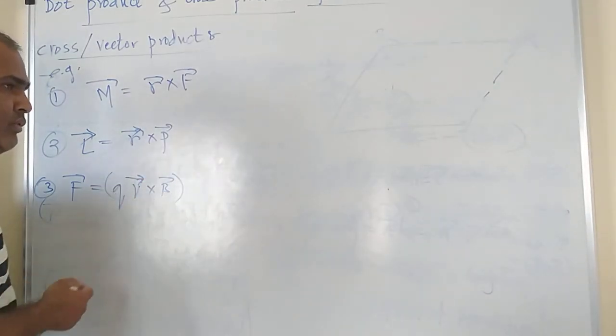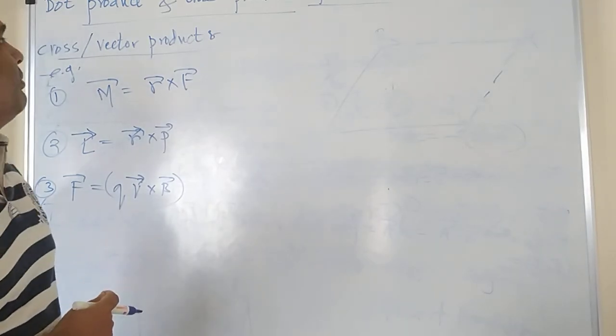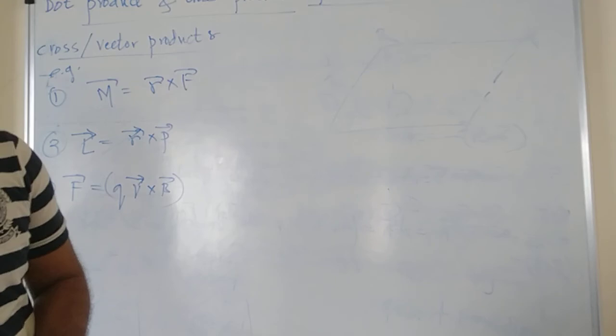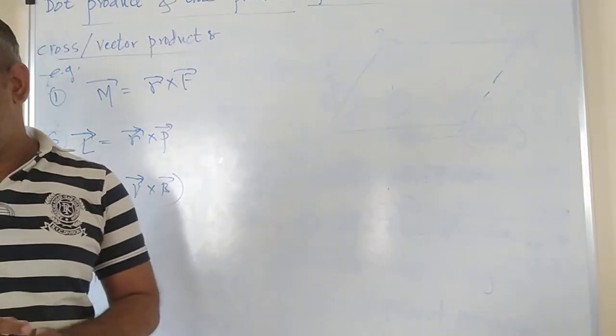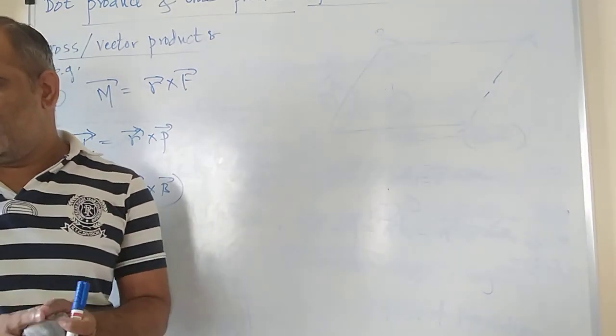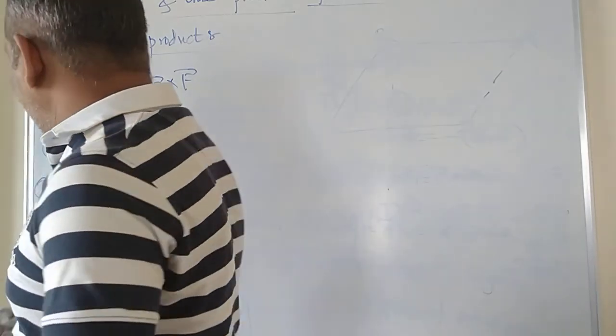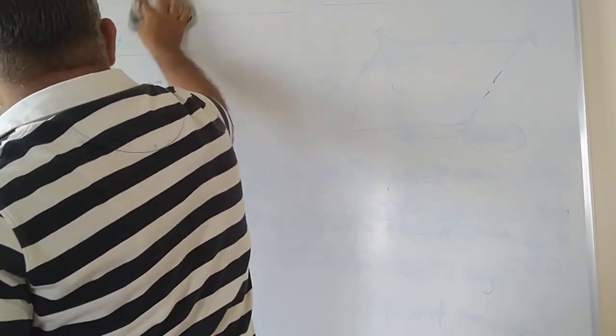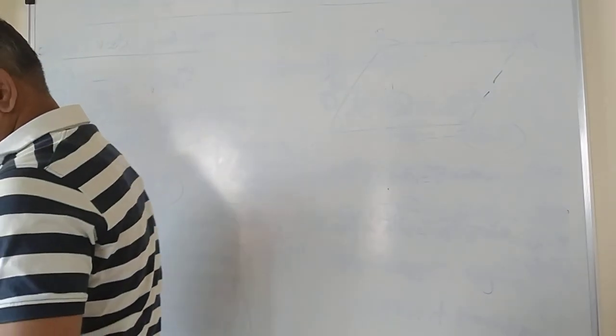And these are well-known formulas to you. So these are some examples of the vector products. Hope you have understood this cross product and dot product. Next time we'll go for the vector triple product and scalar triple product. Fine. So let's stop here. Thank you.